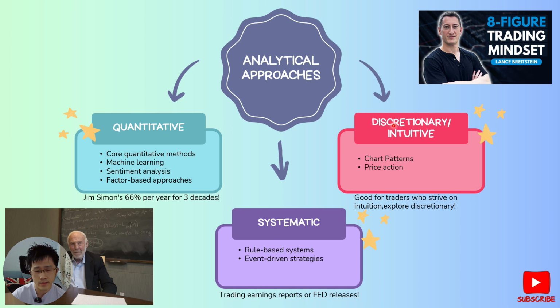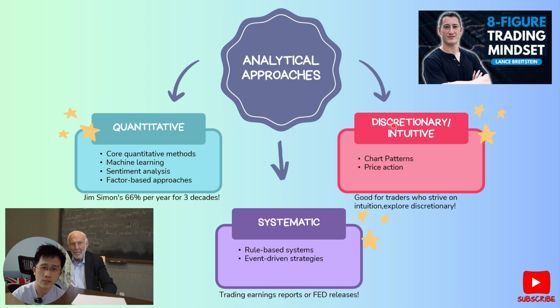But of course, if you are able to translate this visualization into code that the computer is able to understand, then you can backtest it automatically and see how this idea of yours actually plays out in history.